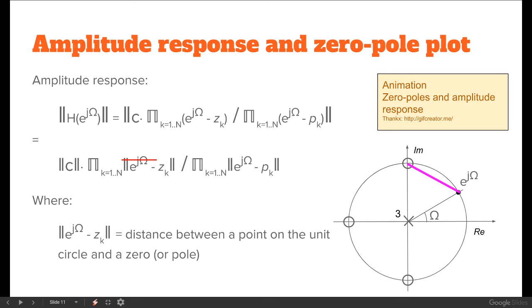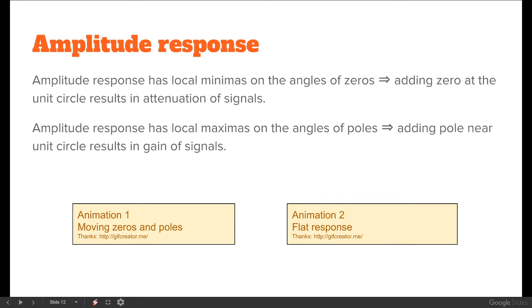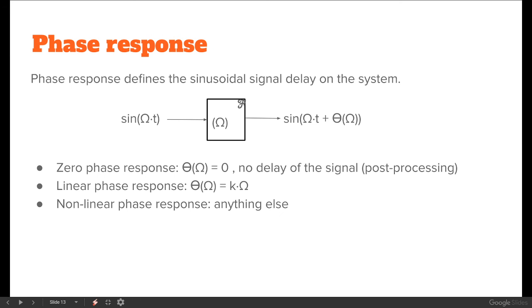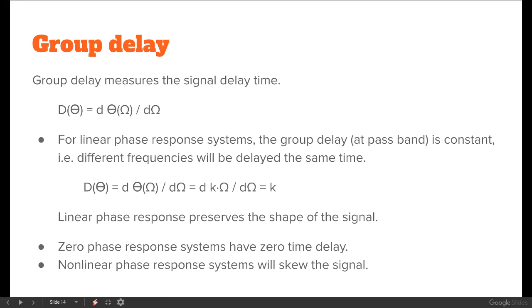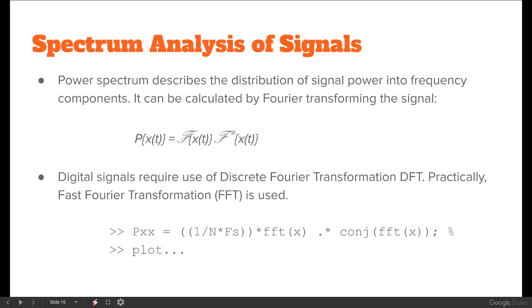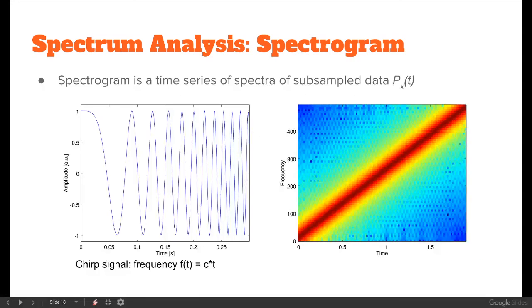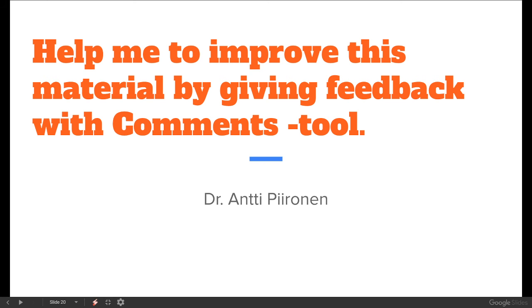So those are distances actually, distances of e to the j omega to those special points define what the frequency response is. Amplitude response is just the absolute value of frequency response, and phase response, zero phase, linear phase, or nonlinear phase. And group delay is the derivative of the phase response. Spectrum analysis means Fourier analysis. All right. Any questions?